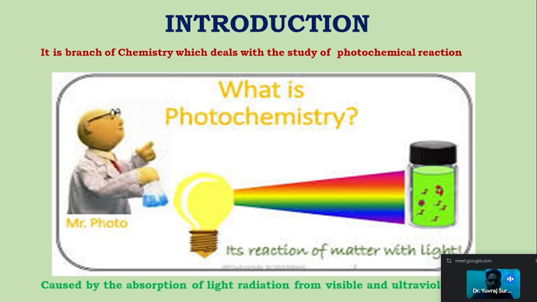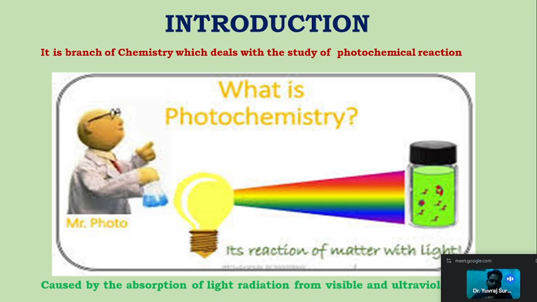Photochemistry is the branch of chemistry which deals with the study of photochemical reactions. These reactions happen in ultraviolet or visible regions. What is the actual process that happens when a light source is absorbed by molecules?